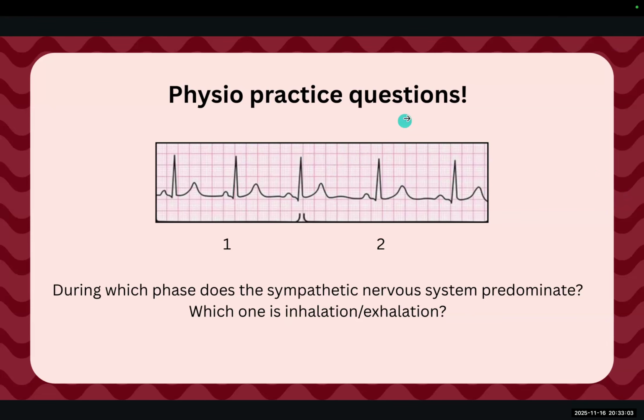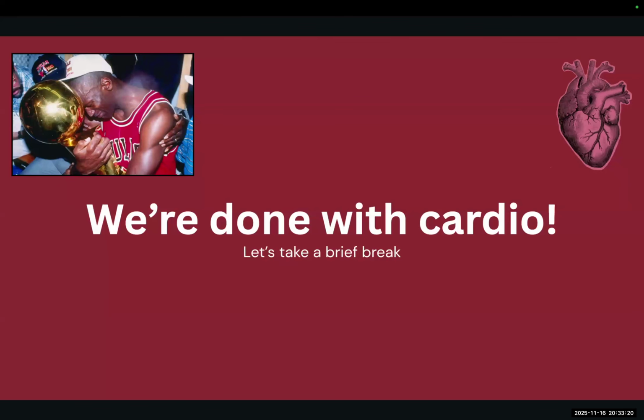And phase 1 is inhalation and phase 2 is exhalation, because phase 1 has higher heart rate. And that tells us that this is inhalation, because the heart rate increases during inhalation due to the negative pressure. Okay. Thank you.